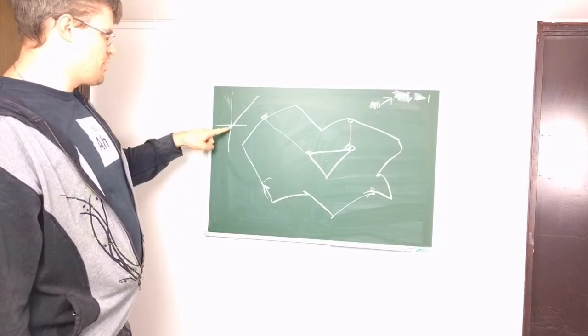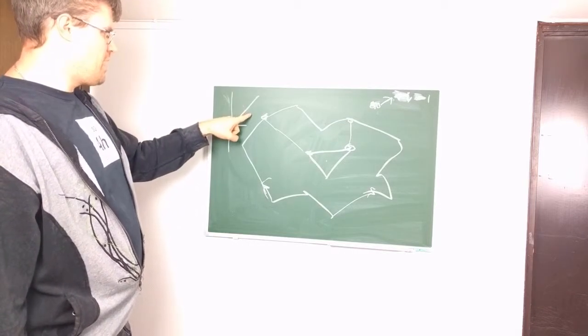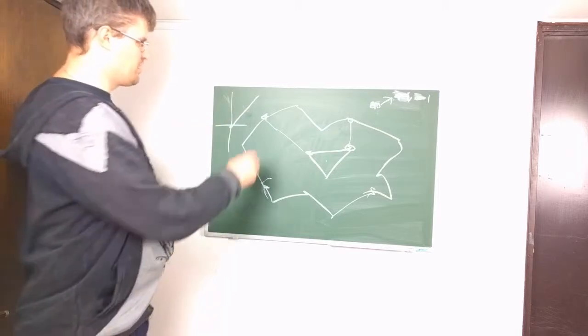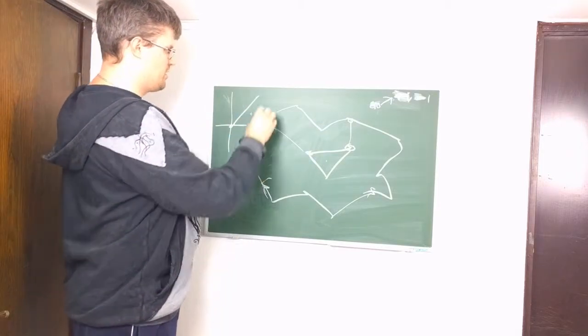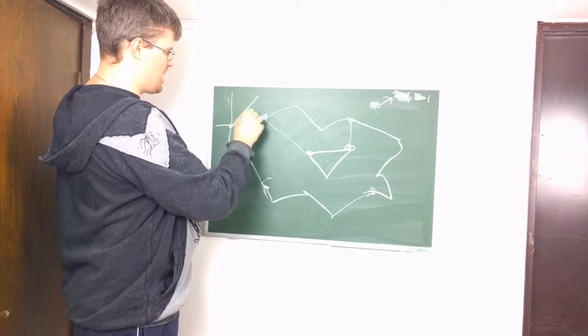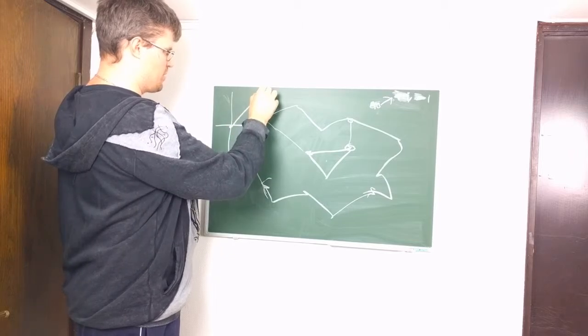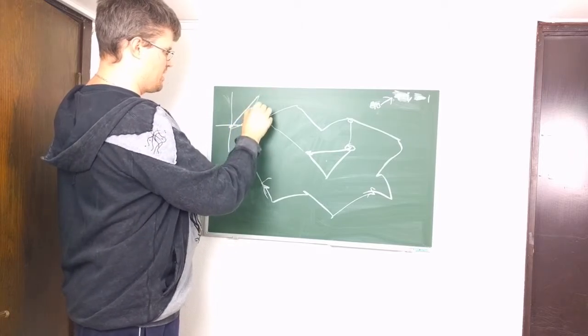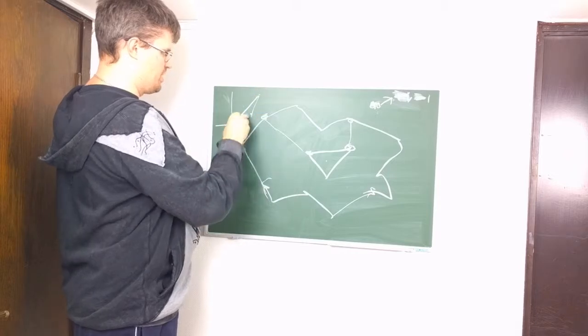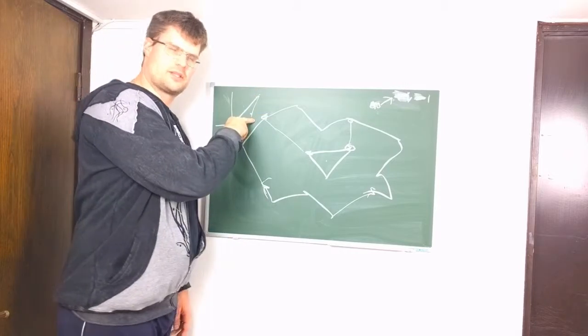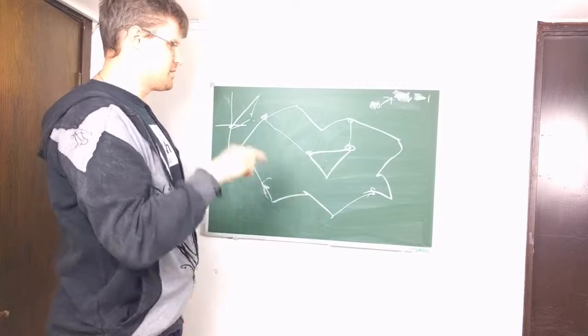Because if you are on a line and you get outside of the line somewhere here, then you have an angle somewhere here that is larger than 180 degrees. That was what I figured out.